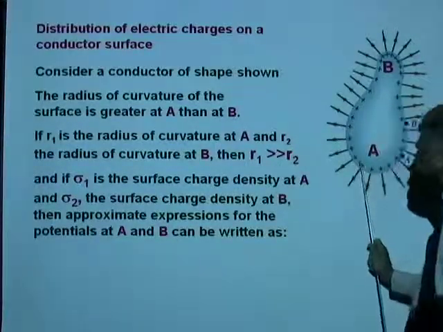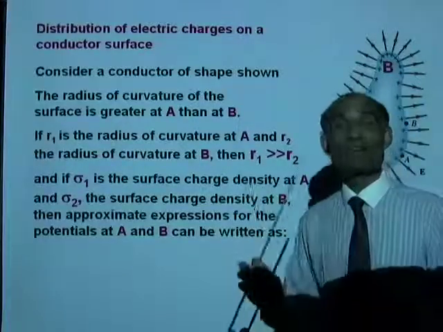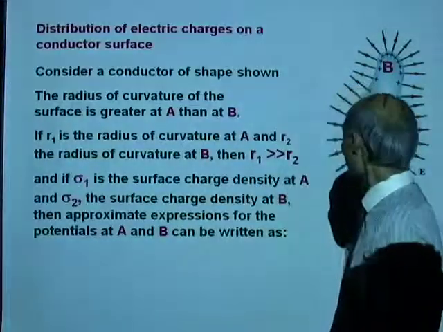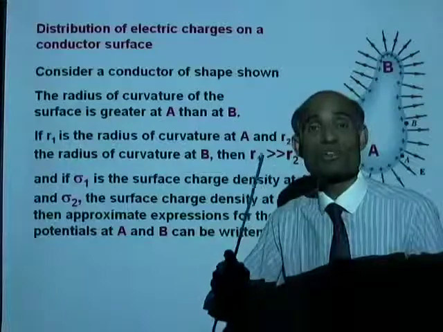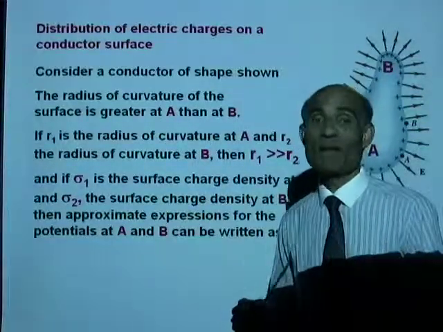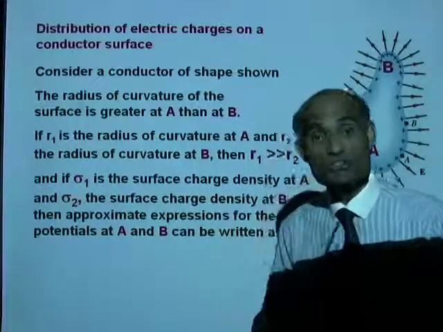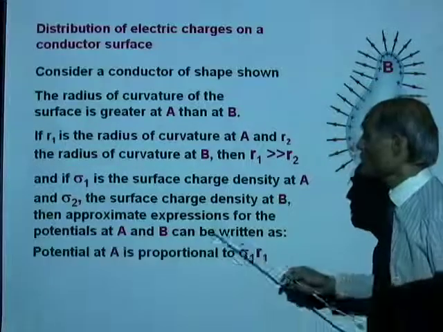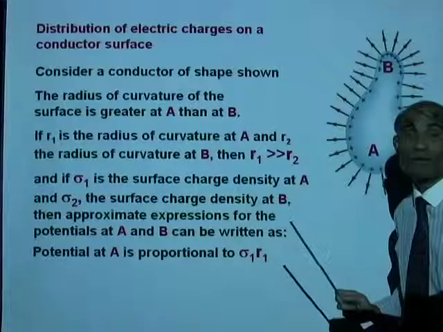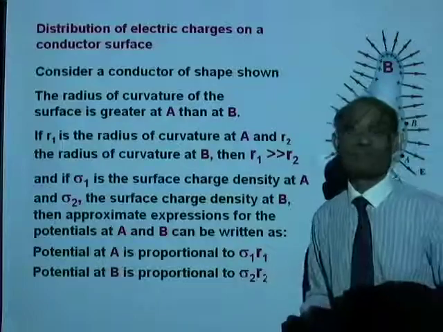If sigma is the surface charge density and R is the radius, then you can write an approximate relation for the potential at a point on the surface as potential is sigma multiplied by the radius. Well, I'm going to leave it for you to figure out. It can be done, and it is true. Now that means the potential at A is sigma 1 R1. Potential at B will be sigma 2 R2.